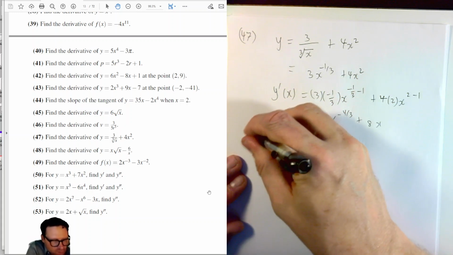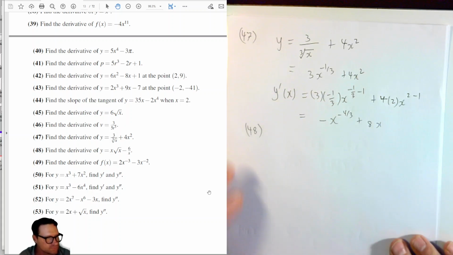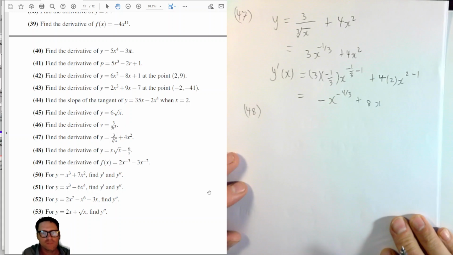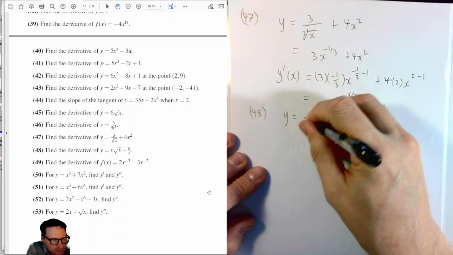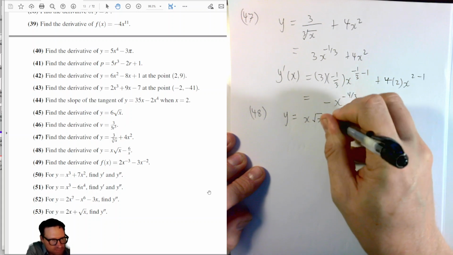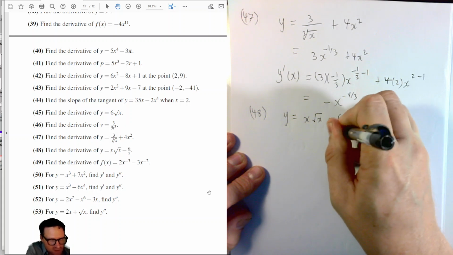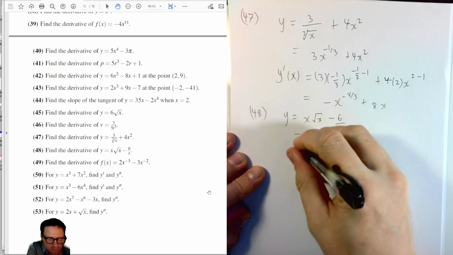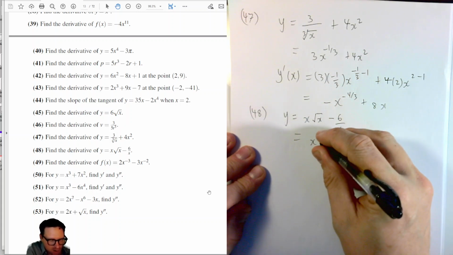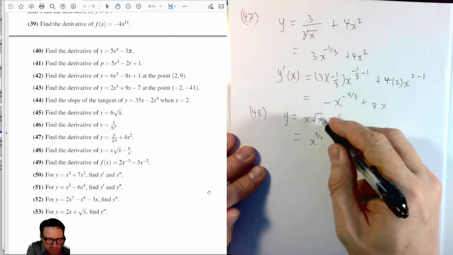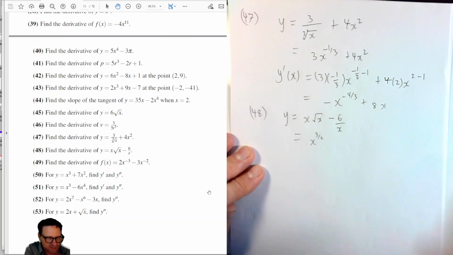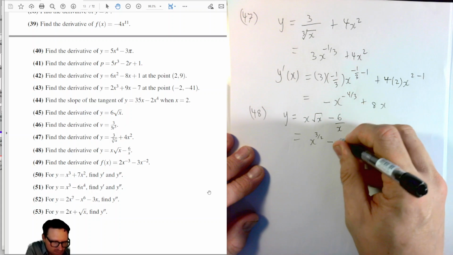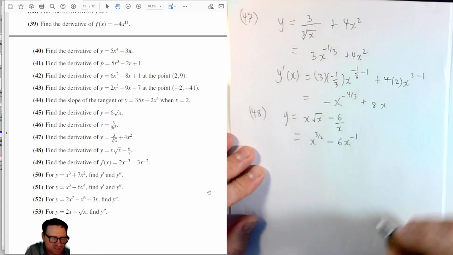Okay, question 48. Find the derivative of x root x minus 6 over x. So we want to write this one as x to the power of 3 over 2. Remember, root x is x to the half, and we add the exponents. 1 plus 1/2 is 3 halves. And then minus 6x to the minus 1.